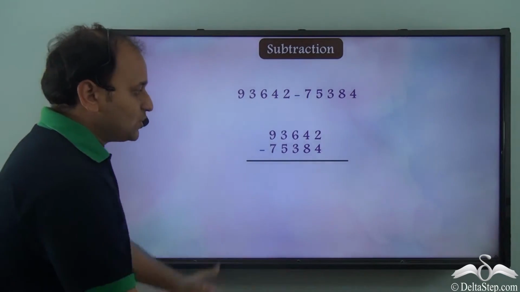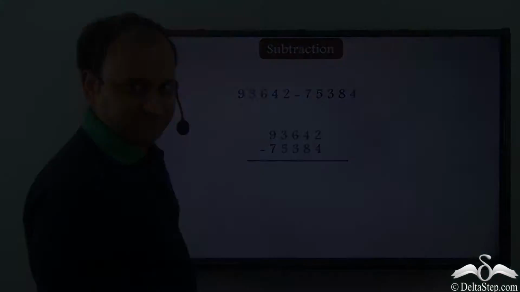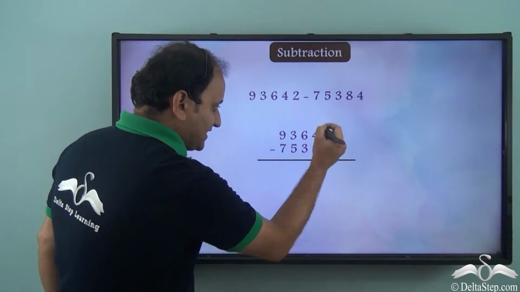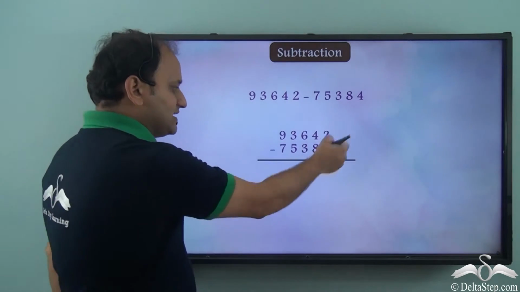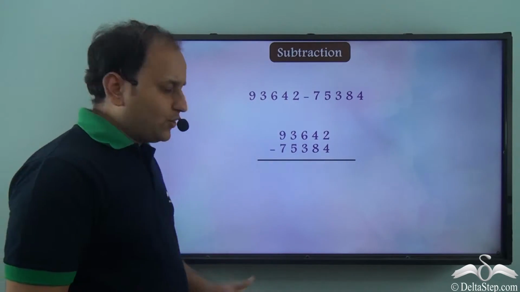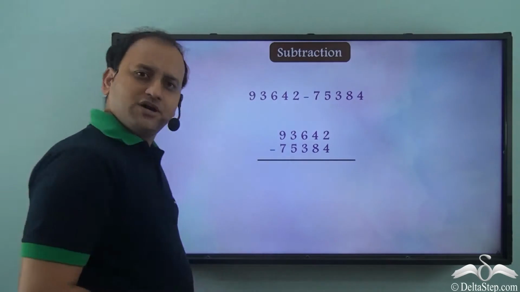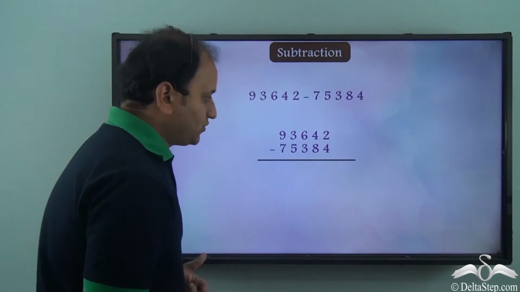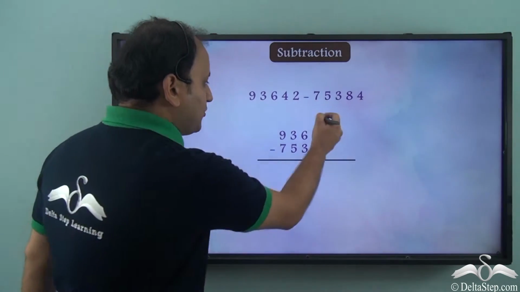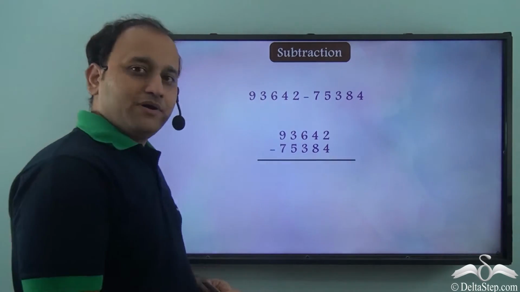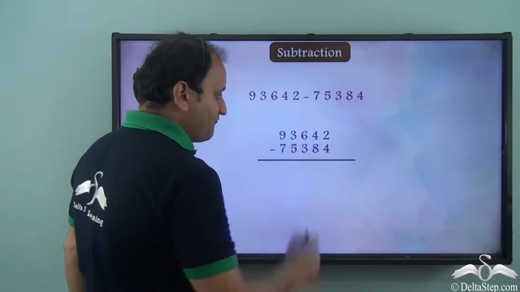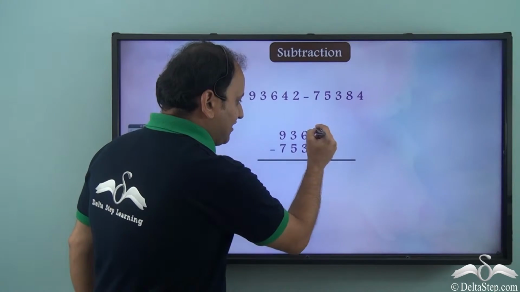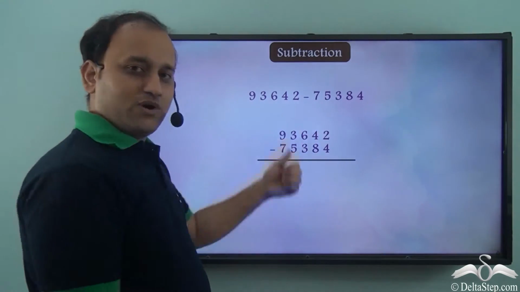So now let's go ahead and perform subtraction. So we have 2 minus 4. Now 2 is smaller than 4. So we cannot subtract 4 from 2. Then what do we do? Well, 2 will borrow 1 from the number just beside it. So we have 4. So from 4, if we take 1 here, so what does it become?